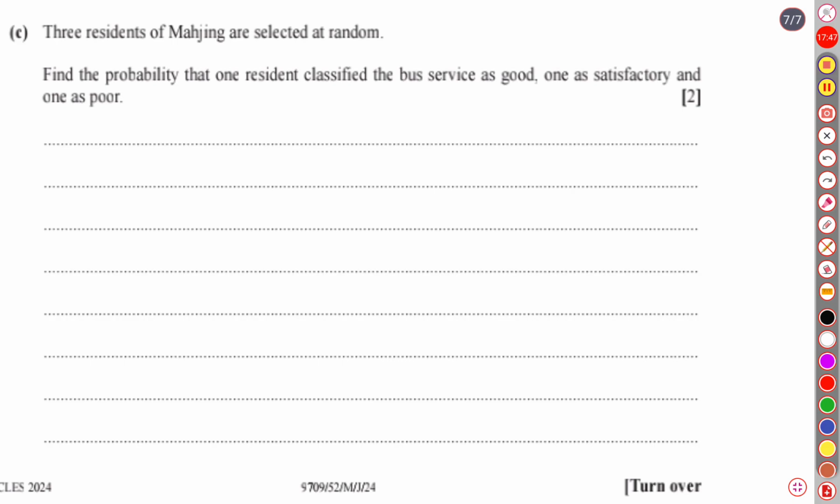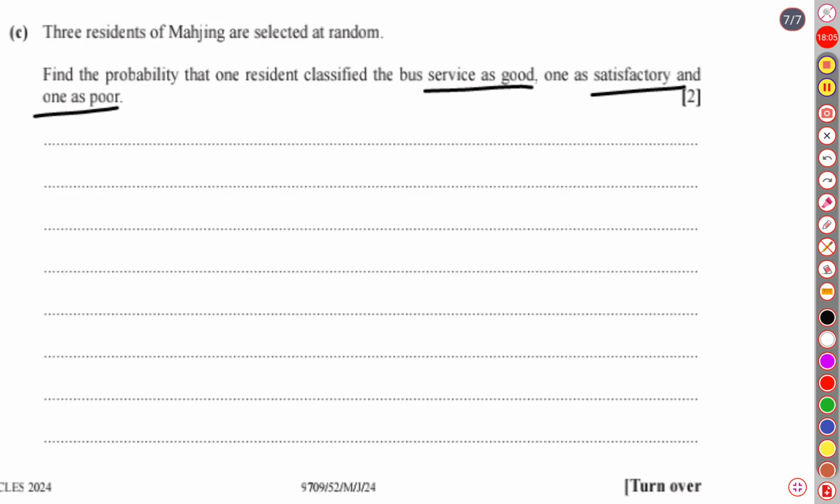They told that one is classifying as good, another one as satisfactory, and another one as poor. That means it should be a product of the probabilities.